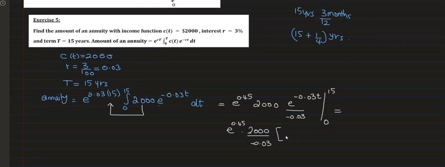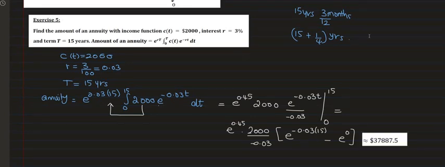So now we can substitute the t by 15, and then substitute it again with 0, and take care that 0 times anything is 0, but e to the power of 0 is 1. So this is going to give us the final value, which is approximately 37,887.